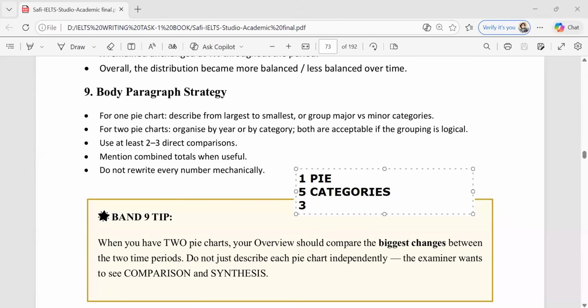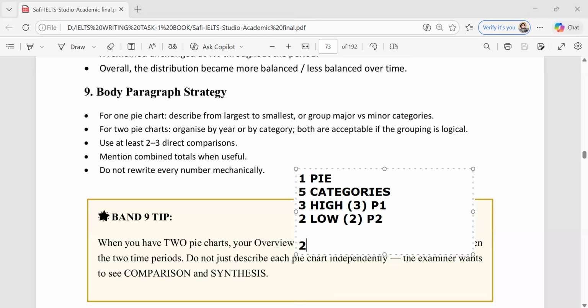For example, 3 are the highest categories, so high categories 3, low categories 2. So main body paragraph number 1 has the 3 categories, para 1. And then there are 2 categories for the low, which you can write down in para 2.